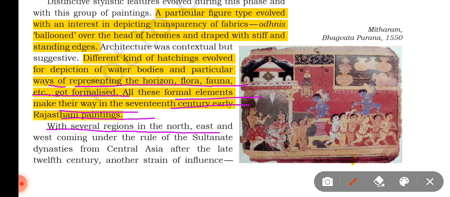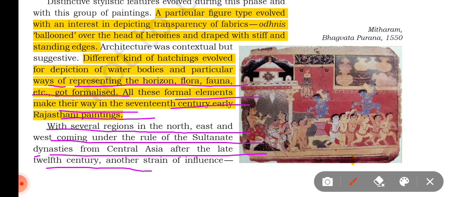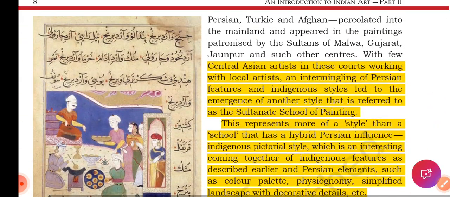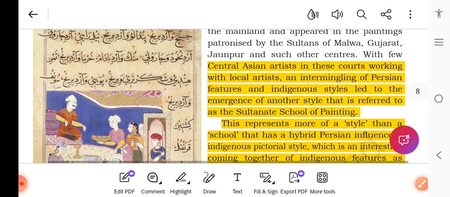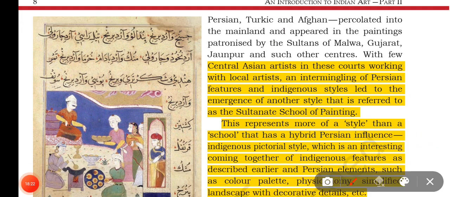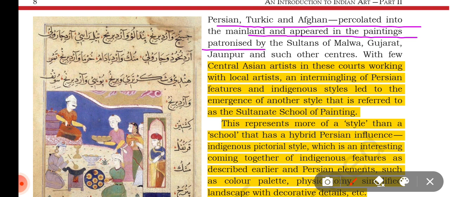With several regions in the northeast and west coming under the rule of Sultanate dynasties from Central Asia after the late 12th century, another strain of influence, Persian, Turkish, and Afghan, percolated into the mainland and appeared in the paintings patronized by the Sultans of Malwa, Gujarat, Jaunpur, and such other centers.